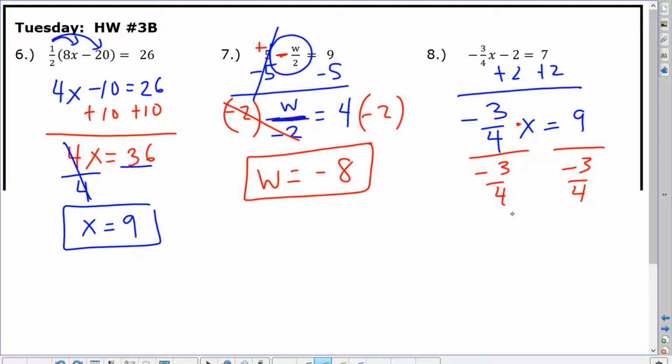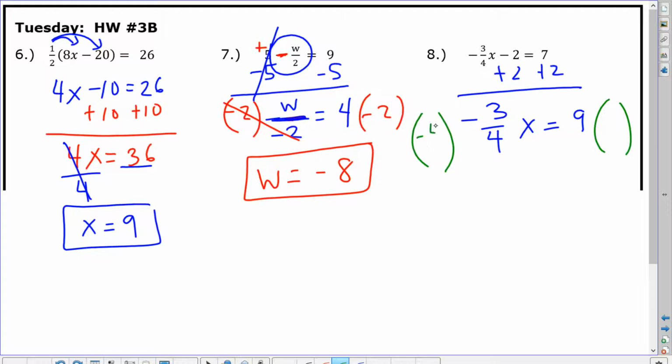So you can write what I just wrote in red, or you can show that dividing by a fraction is multiplying by the reciprocal. So I take my negative 3/4 and I flip it over. These are inverses. 9 times negative 4 is negative 36. Negative 36 divided by 3 is negative 12.